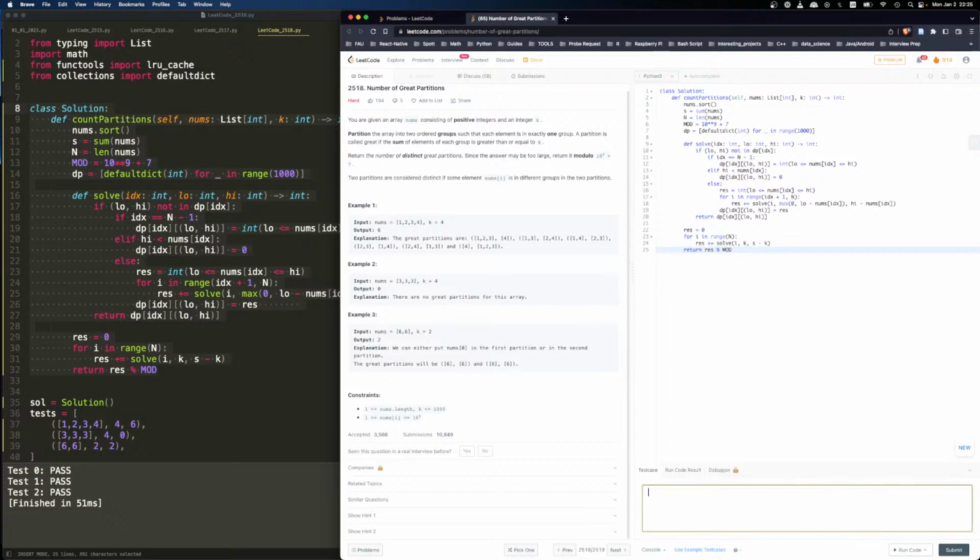I think this will be 3 factorial, and then for each one of them I can partition any one of them, and then this will times 2. 12. Four.